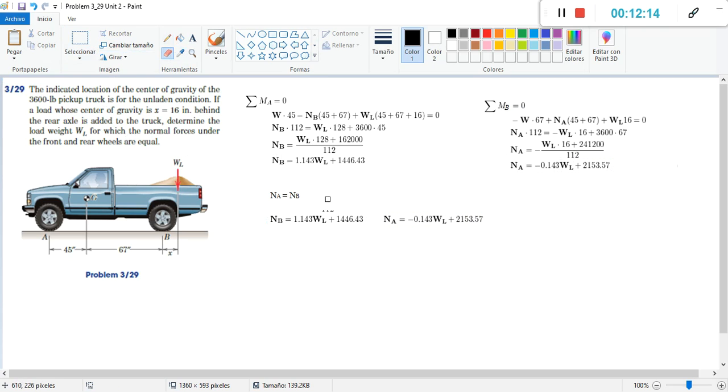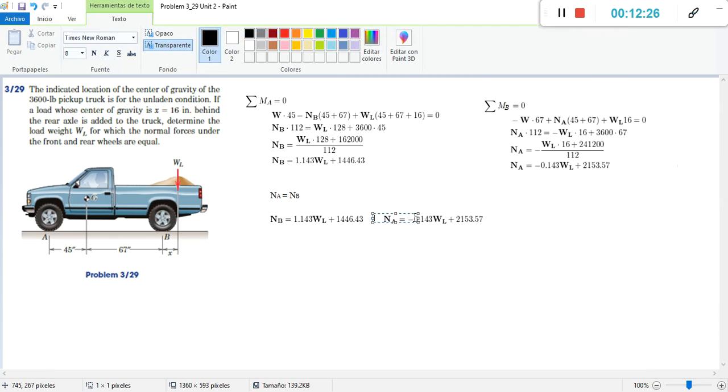So we have this equality, or say that NB is equal to NA.